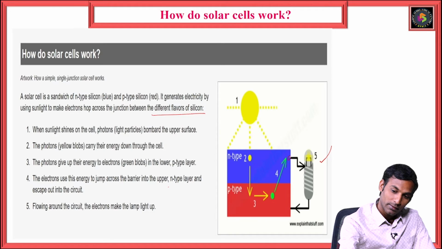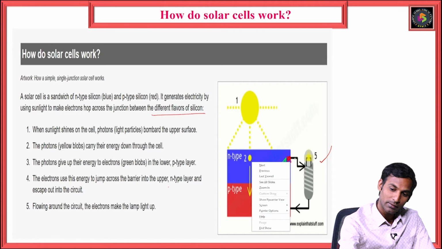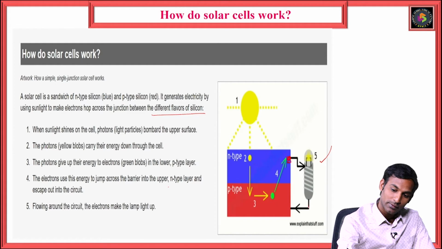Here in this region is the metal strip electrode. When the electrons reach here, the current is automatically generated and the light glows. Again the electrons reach here and recombine together, and it produces electricity.